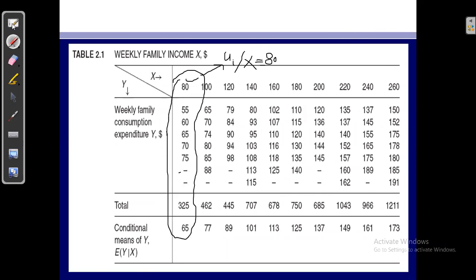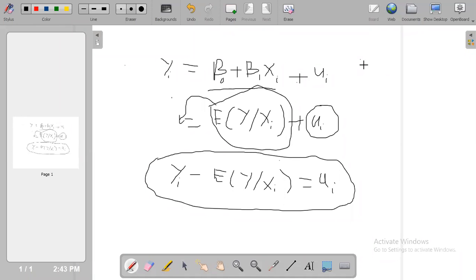So if I want to get the ui values given x equal to 80, the first number would be 55 minus 65.